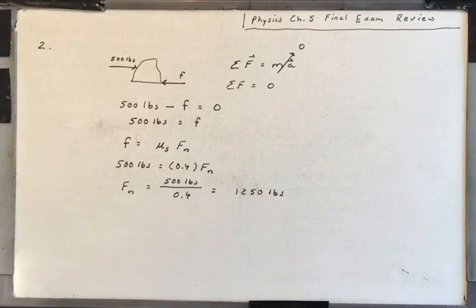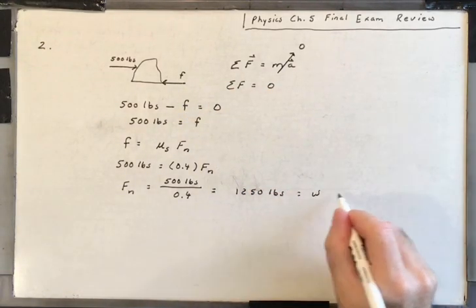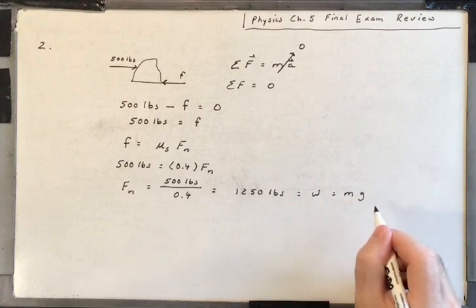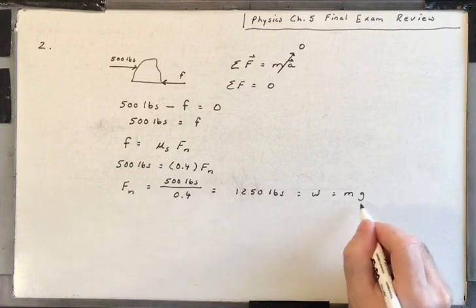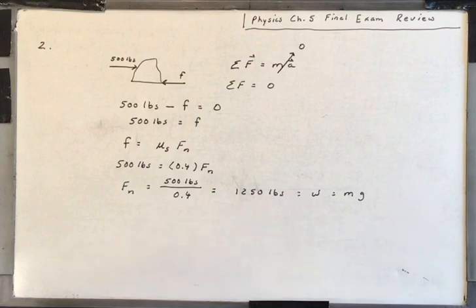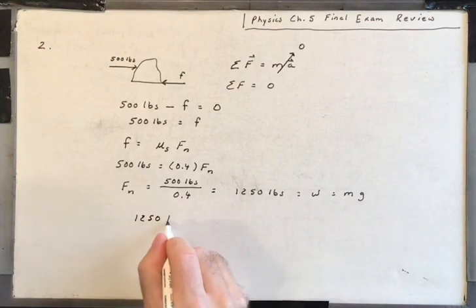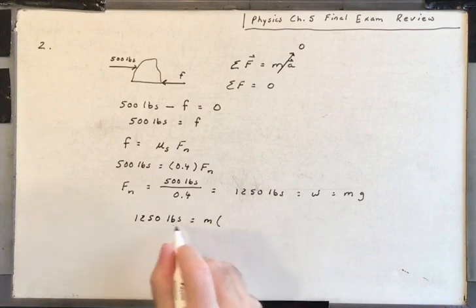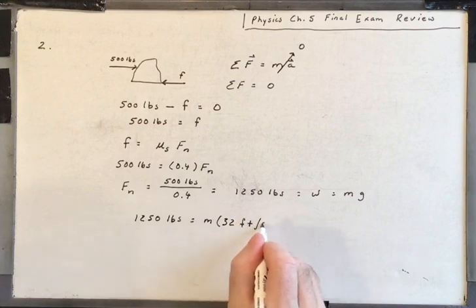We know, since we're on a flat surface, that the normal force is just equal to the weight, which is equal to mass times gravity. All right, we want to know the mass. Okay, so we would have 1,250 pounds is equal to the mass, and gravity in this case would be 32 feet per second squared.